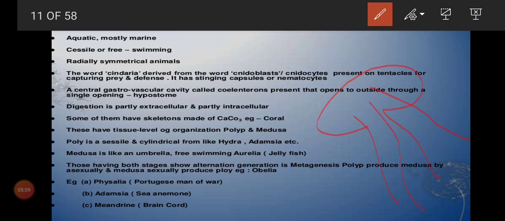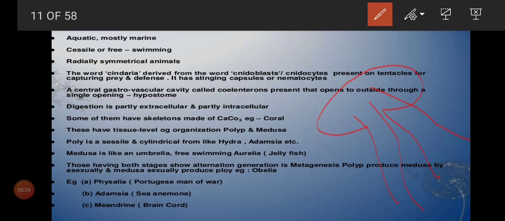Is that clear, children? What do you want to remember? One concept: why we call it Cnidaria is because it contains cnidoblasts. Where can we see the cnidoblasts? We can see the cnidoblasts in the tentacles.